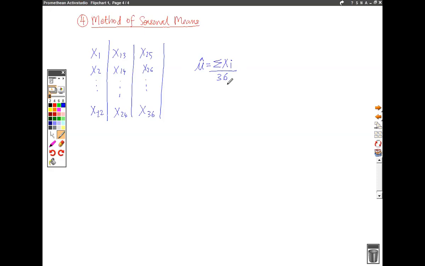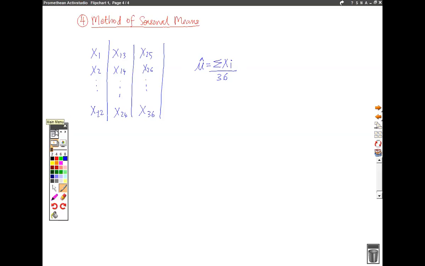So that will be my overall mean. Now I have to figure out my means for each time step in a period.